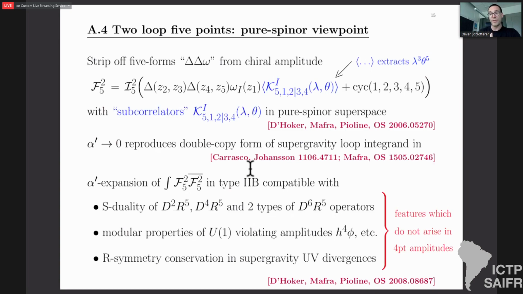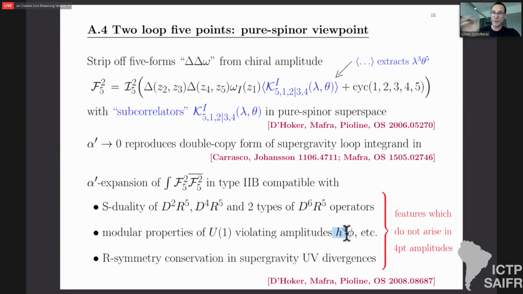So we have checked whether the R⁵ interactions that you can read off from the alpha prime expansion do what they are supposed to do by S-duality. And as a particular highlight of the 5-point functions that you don't have at 4 points, you can start violating the U(1)_R symmetry of type 2b supergravity, and say couple 1 dilaton phi to 4 gravitons.